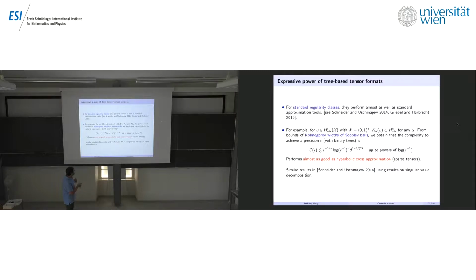Here you see that compared to standard approximation tool like hyperbolic cross approximation, you lose some powers here. But essentially, you don't see the dimension in this term. You see it here with the log of epsilon minus 1, which is the standard thing you obtain with standard hyperbolic cross approximation tools.